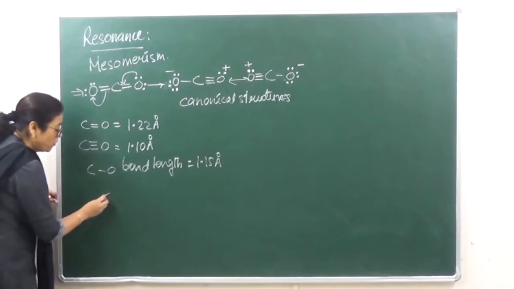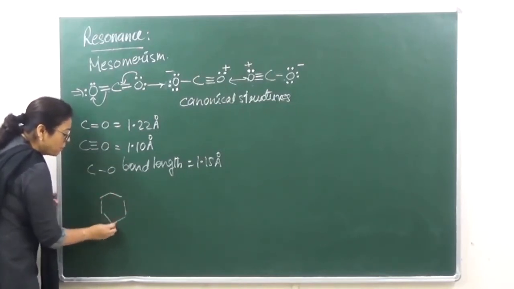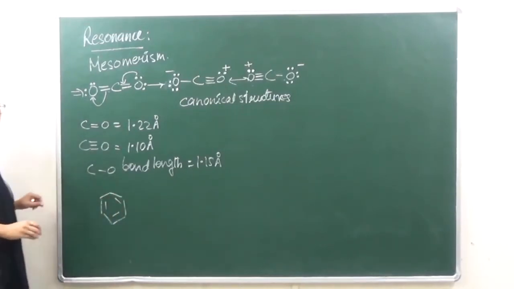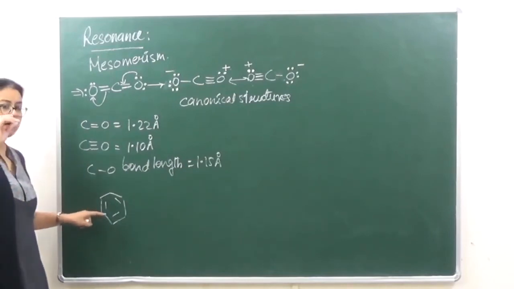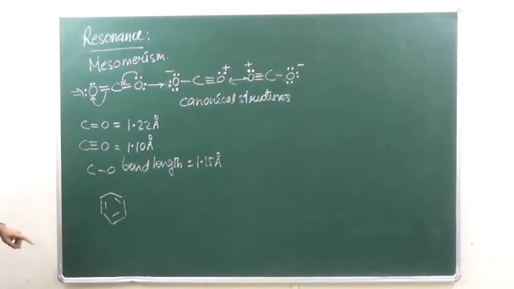Also, let's take the example of benzene over here. Benzene is a cyclic compound having alternate single and double bonds.